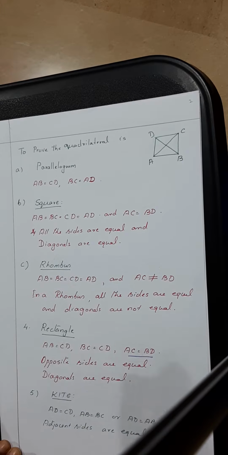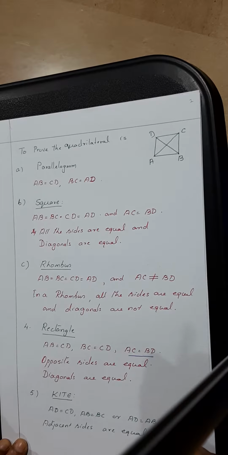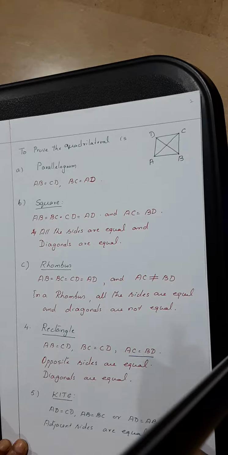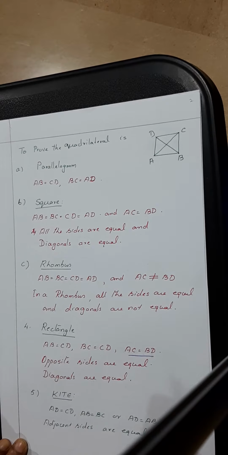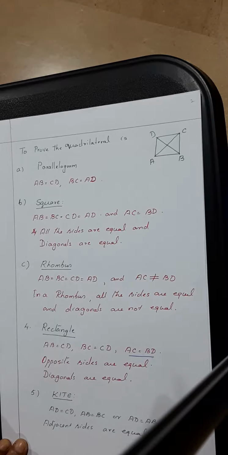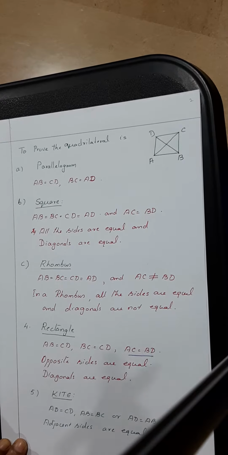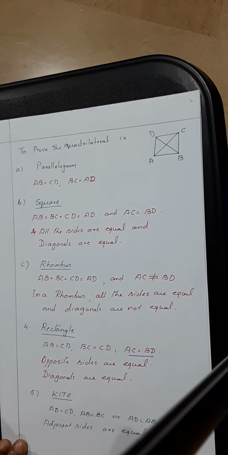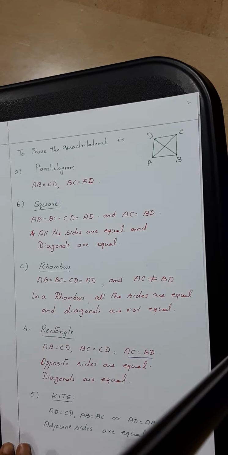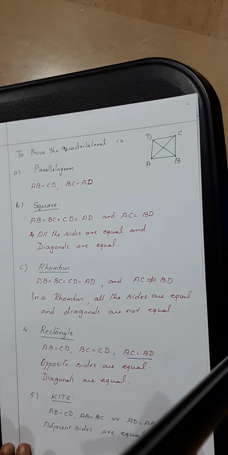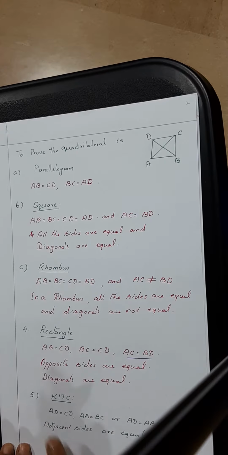Similarly, for a kite, in a kite the adjacent sides are equal. So, these two sides are equal, these two sides are equal. So, you have to prove it in such a way.